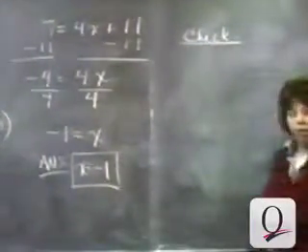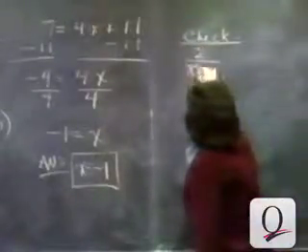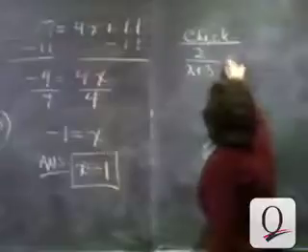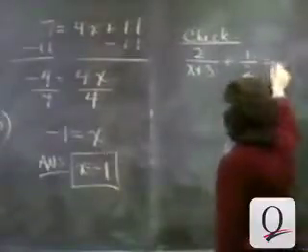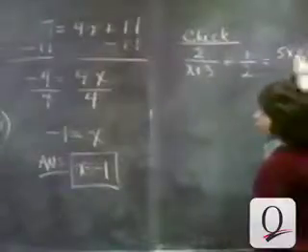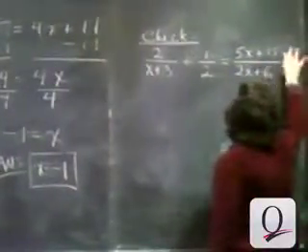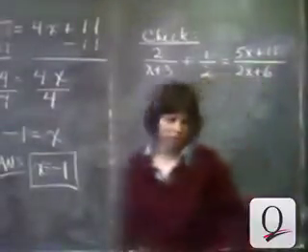We go back to our original equation. You'll remember that's 2 over x plus 3 plus 1/2 equals 5x plus 11 over 2x plus 6. You must go back to the original equation.